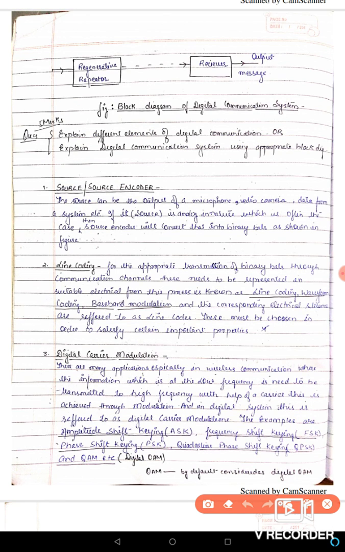Then after the channel we have a regenerative repeater, which takes the pulses and regenerates them after comparing with the threshold, that is lambda, and these are repeated after certain intervals, and finally we have a receiver at the user end.